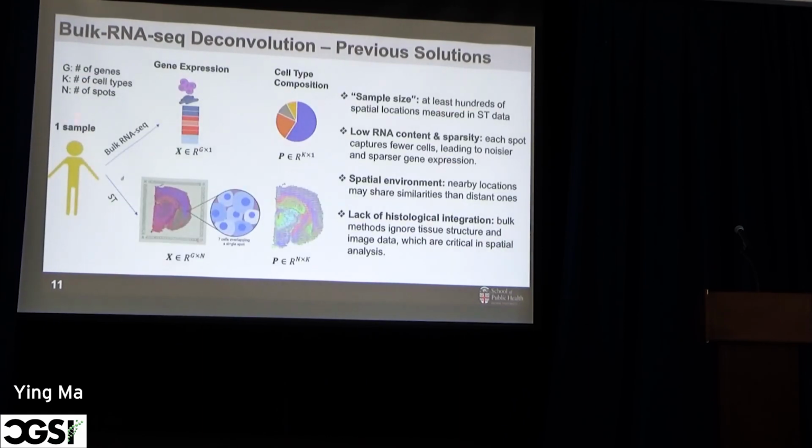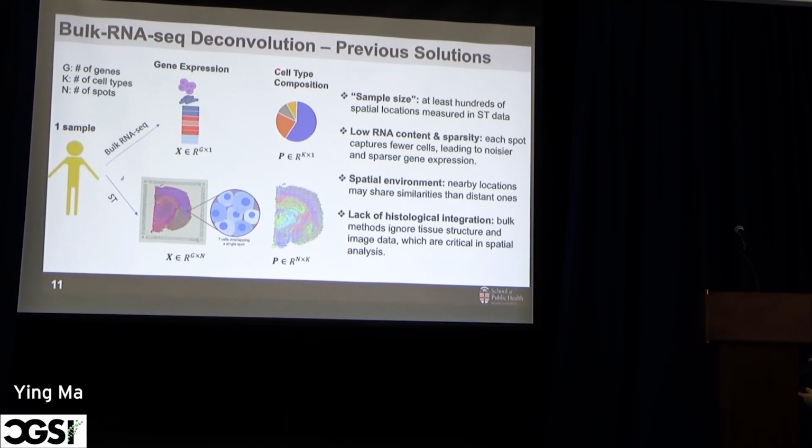However, consider the differences between bulk RNA-seq and spatial transcriptomics. Let's say we have one sample from one patient, and we do bulk RNA sequencing. Finally, you will just get the gene expression for this one sample, just a vector of gene expression. For spatial transcriptomics, however, the gene expression is a matrix across all these spatial locations, and the cell type proportion we want to estimate is for each spatial location, not an average level across the sample.